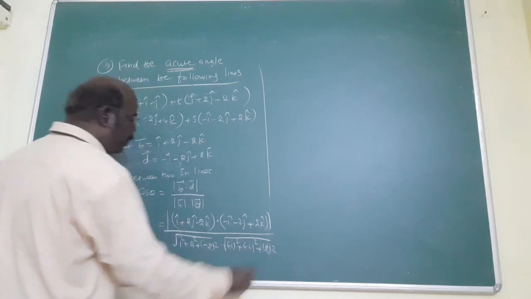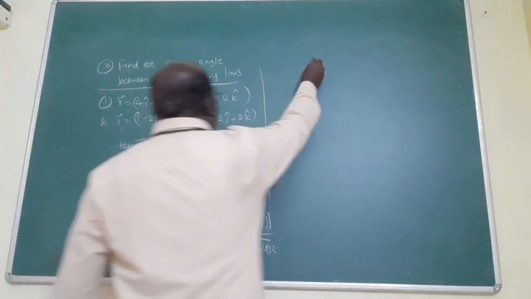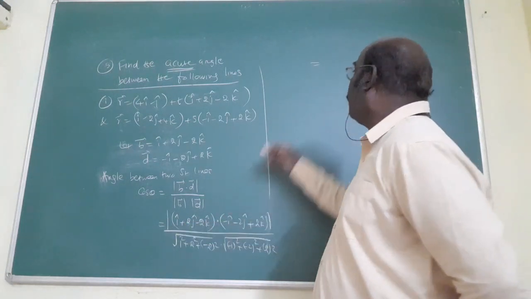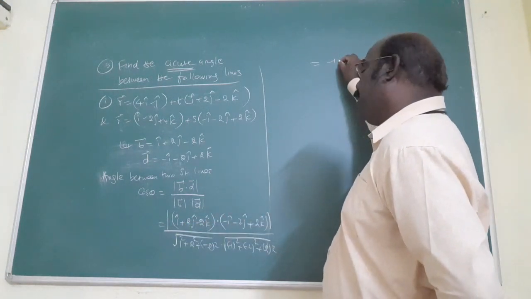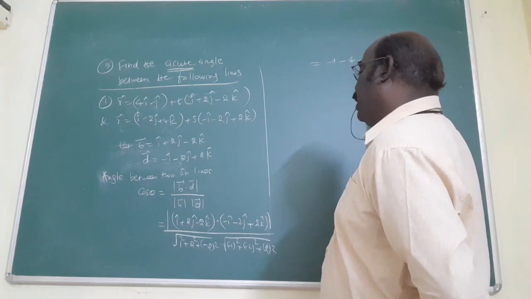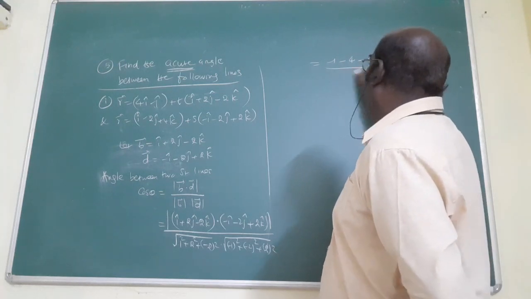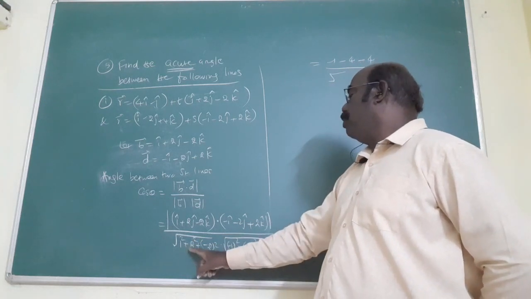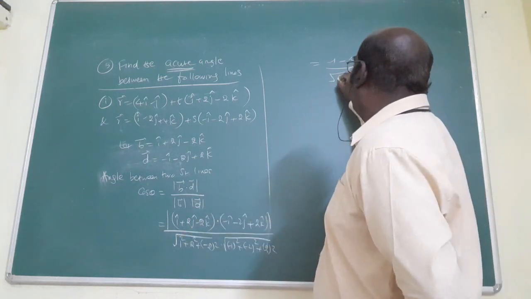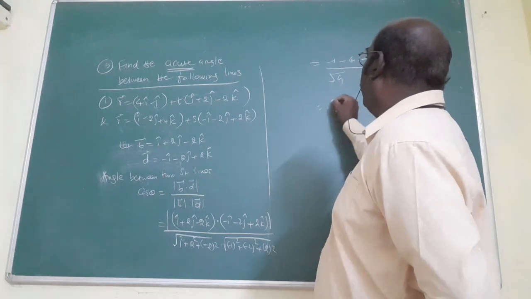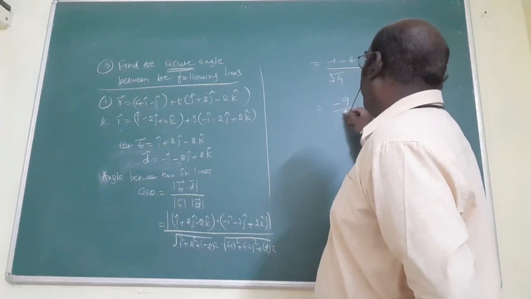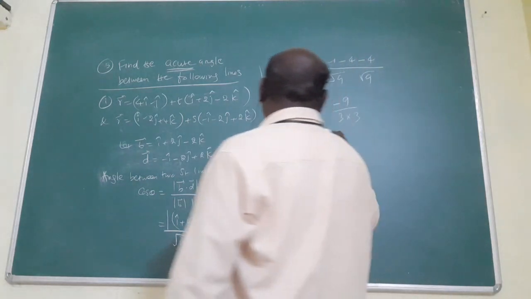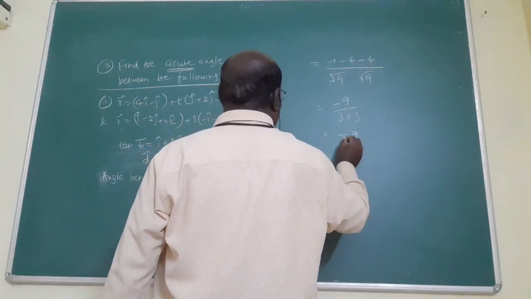The top part means corresponding elements are multiplied: i with i is minus 1, j with j minus 4, k with k minus 4. Divided by root of 1 plus 4 plus 4, which is 9, so 3 into 3. That is minus 9 by 9.